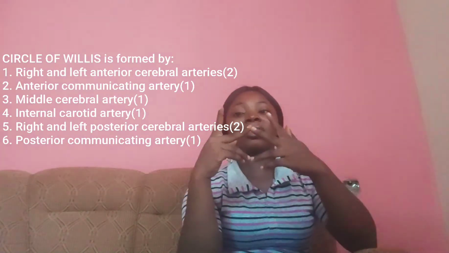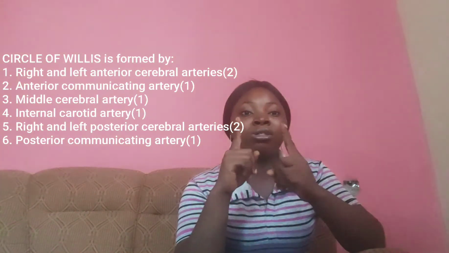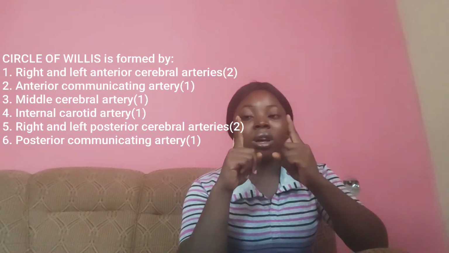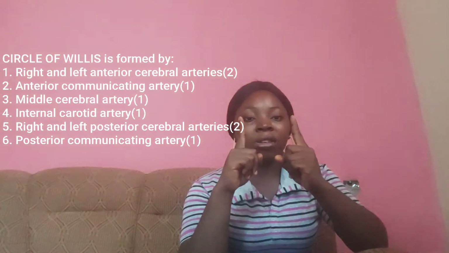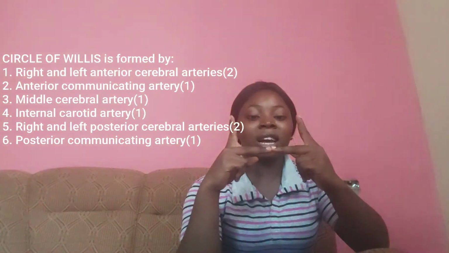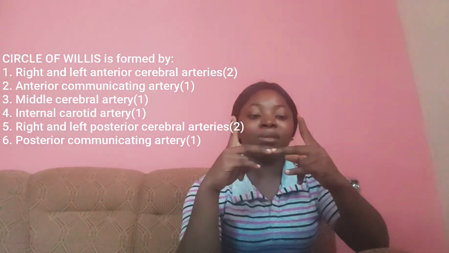We said that the internal carotid artery divides into right and left anterior arteries, which are joined by the anterior communicating artery, and the basilar artery now.